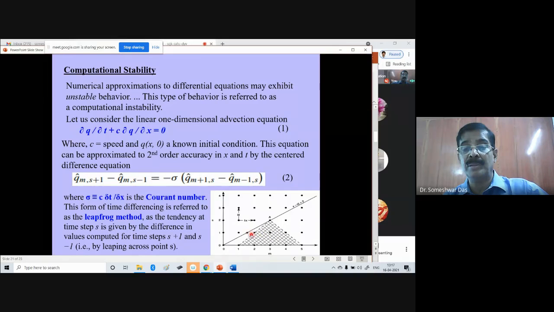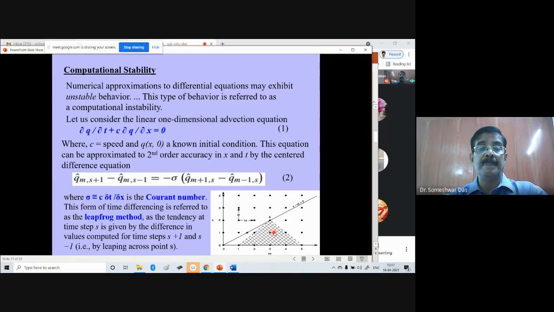Again, you jump back to point M minus 1 at the time step S, which could be anything. So this is the representation of the advection equation in terms of the finite difference technique.